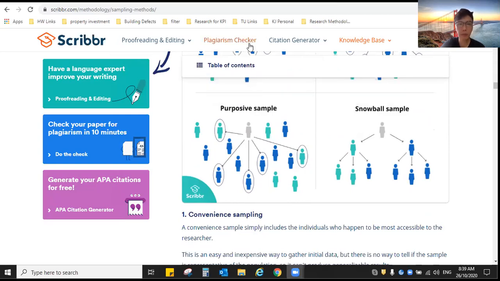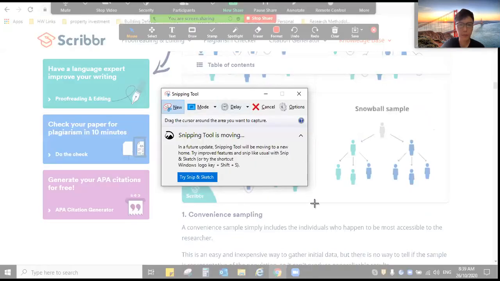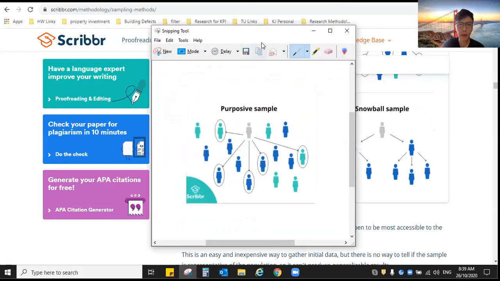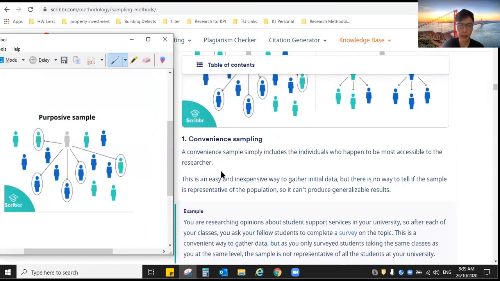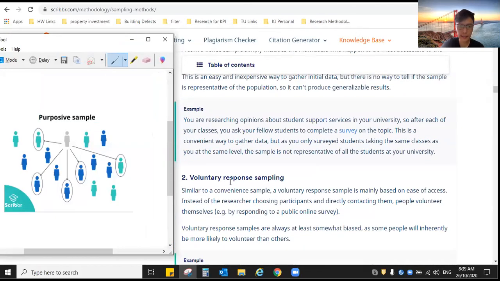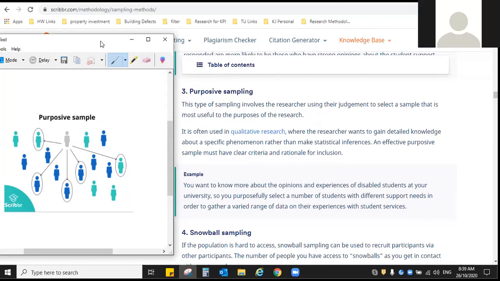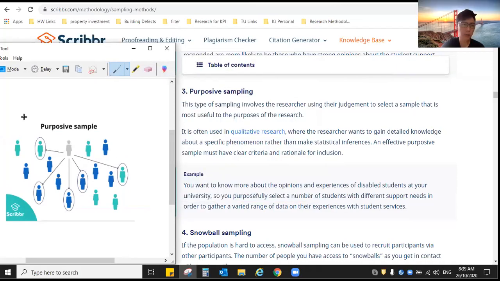So let's look at purposive. What is purposive? Convenient, we are done. Very easy. Voluntary, you are done. Very easy. Purposive, it's very easy also.